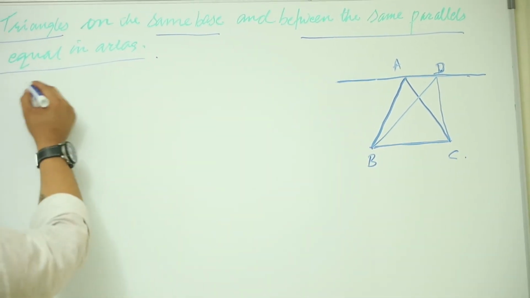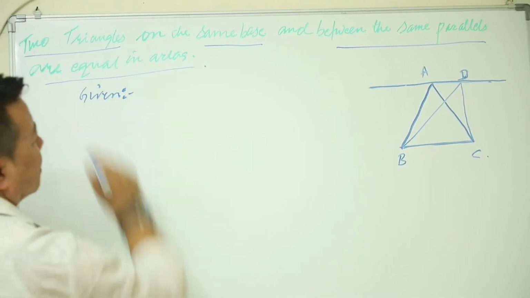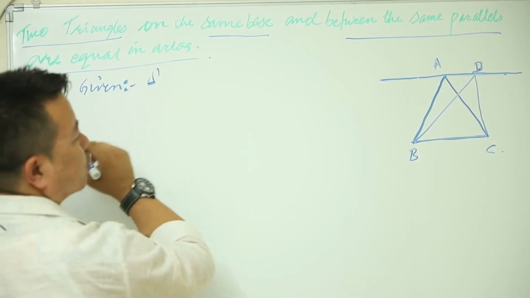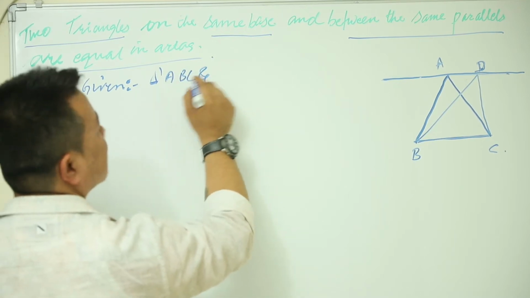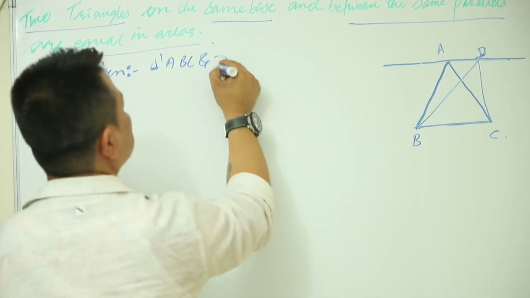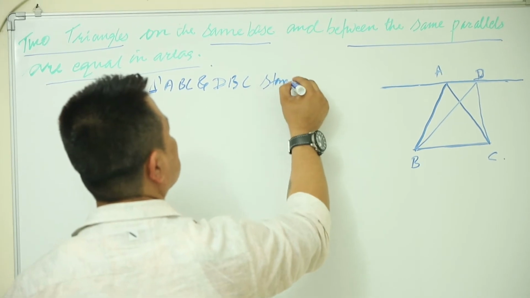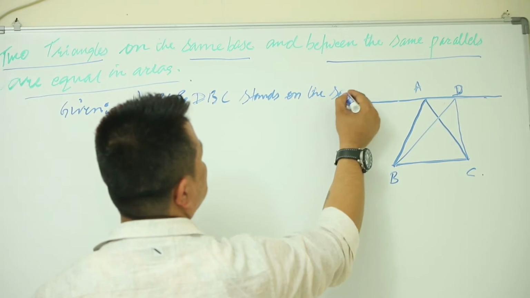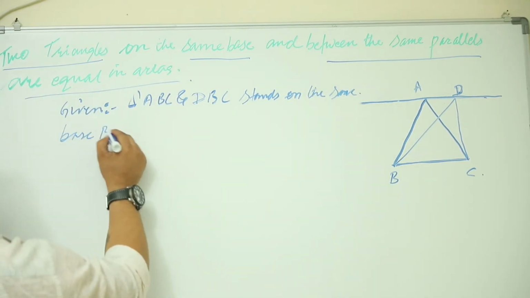So given, how do you start? Given: there are two triangles ABC and DBC standing on the same base BC.